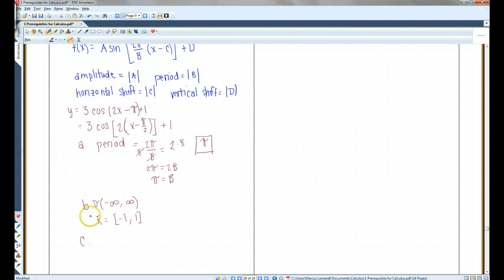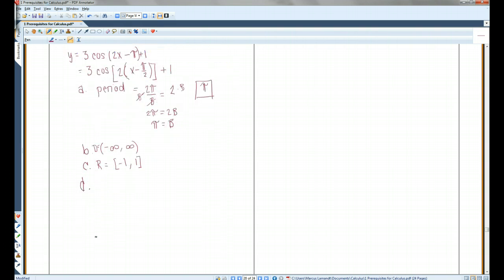Now let's graph it. We know that the basic cosine graph looks like this.